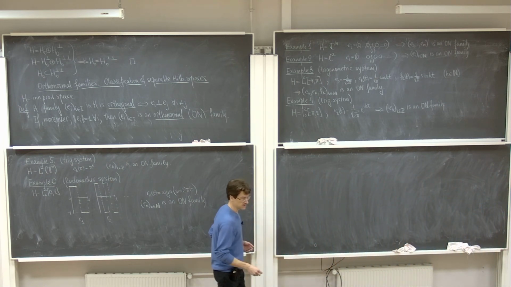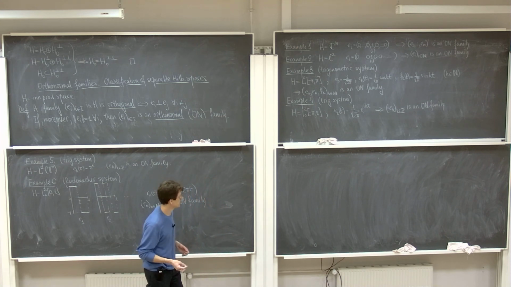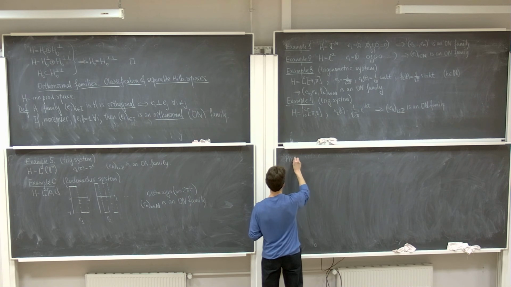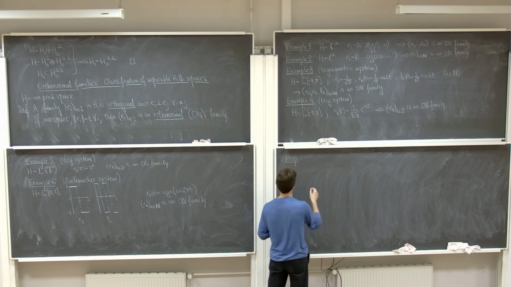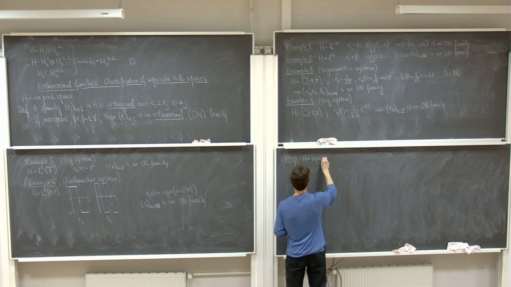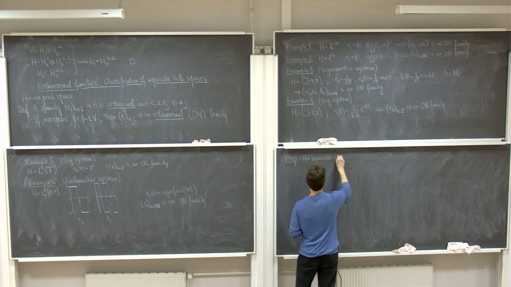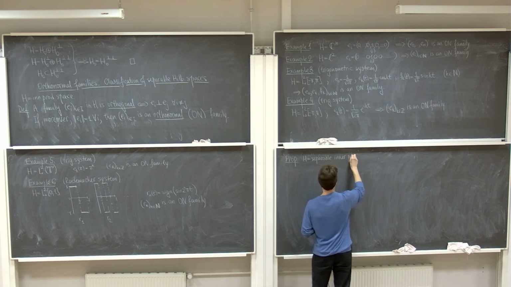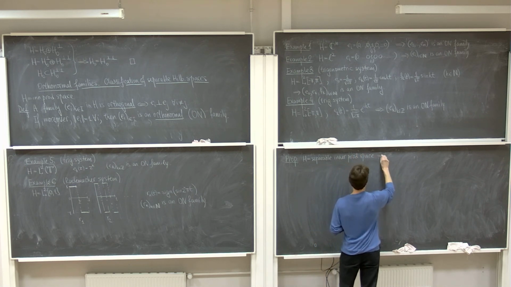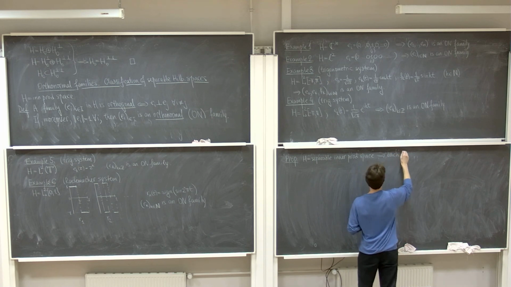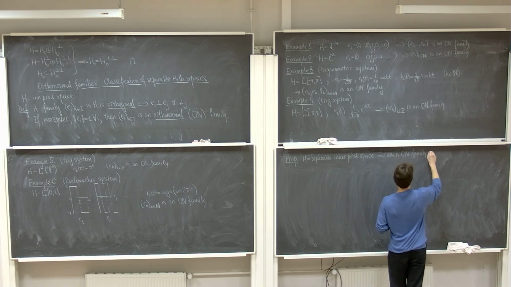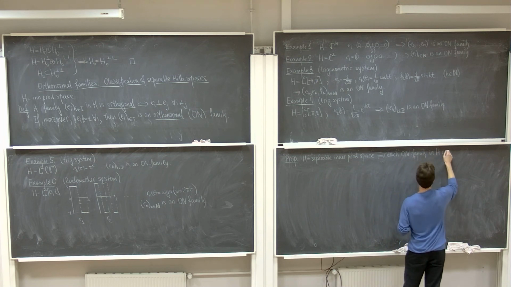Well, since we are mostly interested in separable Hilbert spaces, let's observe the following simple result, the following proposition. If H is a separable inner product space, then each orthonormal family in H is at most countable.